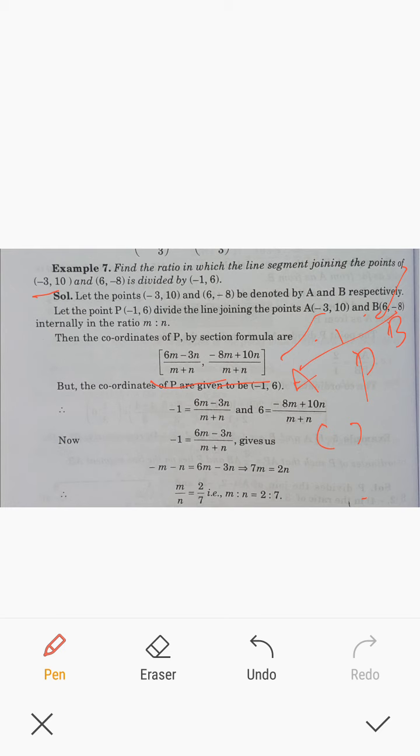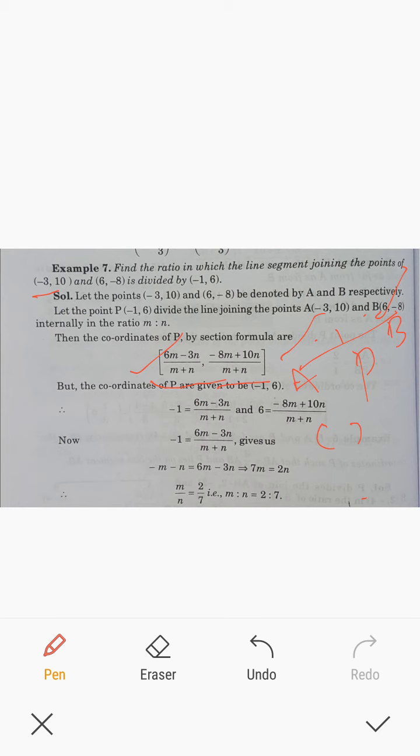So let the ratio be as it is. So the x coordinate of the point of division is (6m1 minus 3m2) by (m1 plus m2), and the y coordinate is (minus 8m1 plus 10m2) by (m1 plus m2).